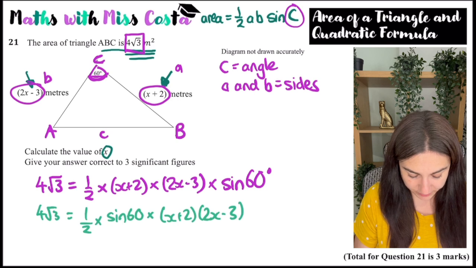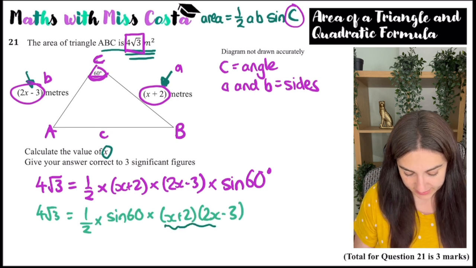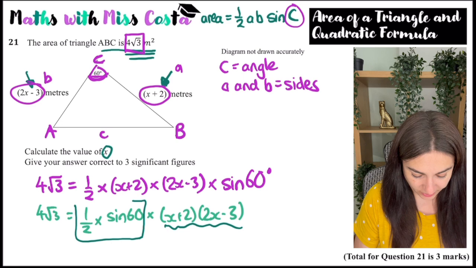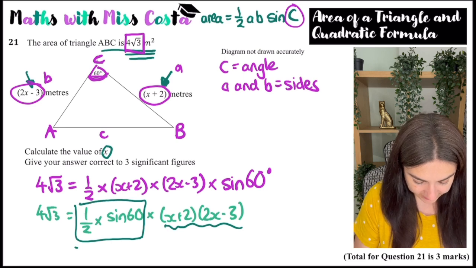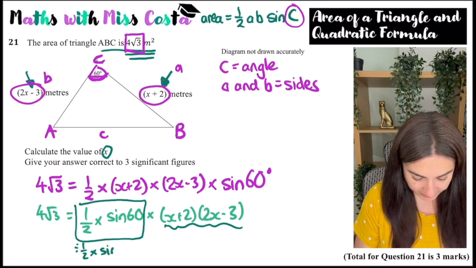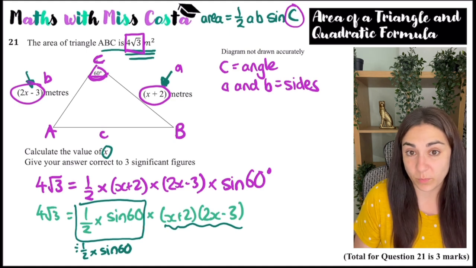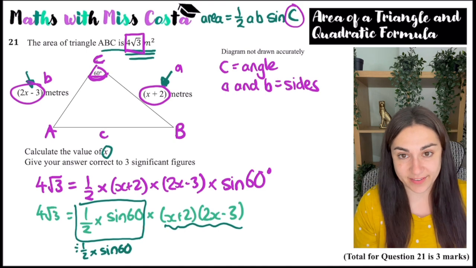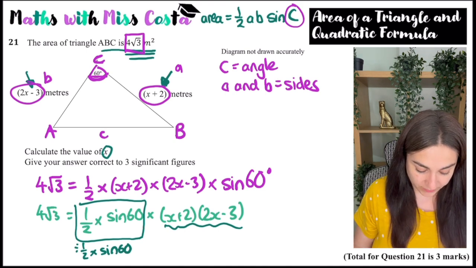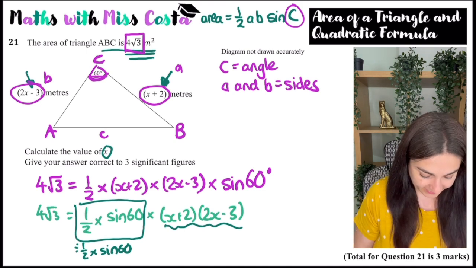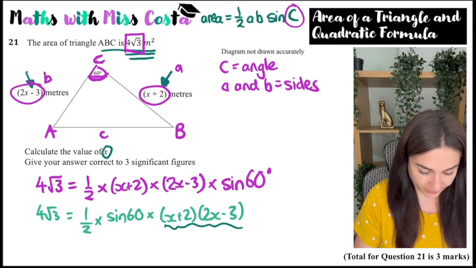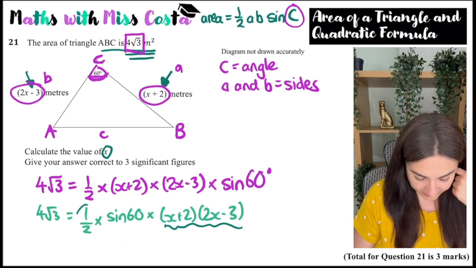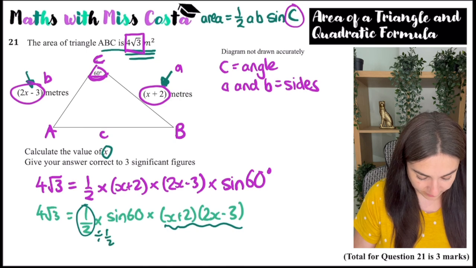So this is the algebra over here, and this is the numbers. So what I can do is just divide both sides by a half times sine 60. You can do it step by step. I could have done 4√3 divided by half and then divided by sine 60, but let's do it step by step just so that I don't confuse anyone. So step 1, I want to divide both sides by a half.